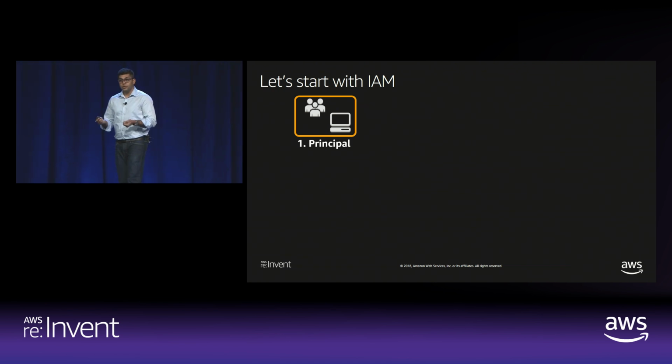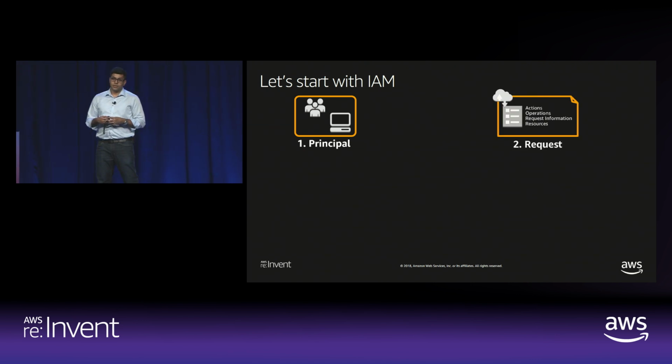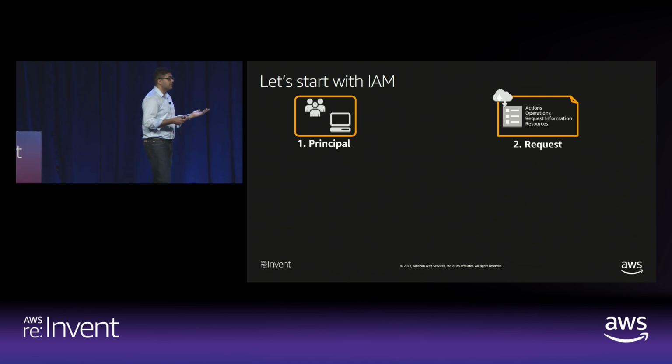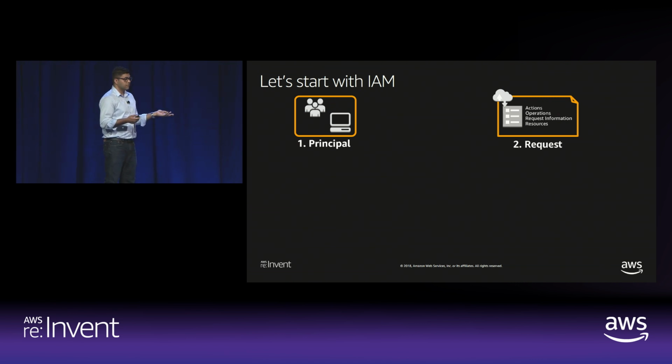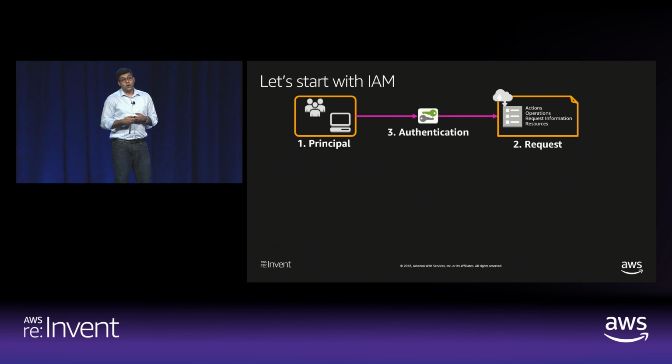It's better to create users and give them admin privileges. So any application or AWS service principal, they're all AWS principals. That principal will send a request. A request contains actions that it wants to perform, and it also contains information on which resource it wants to perform that action on. That action needs to be authenticated.